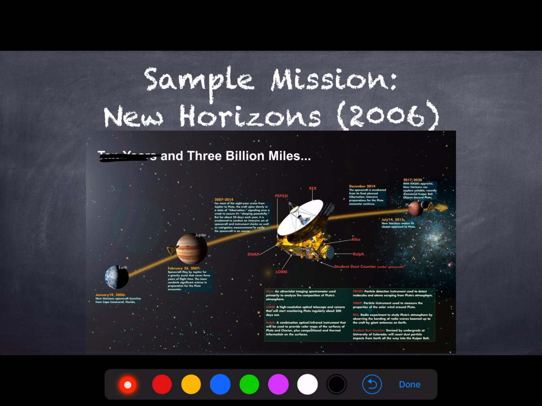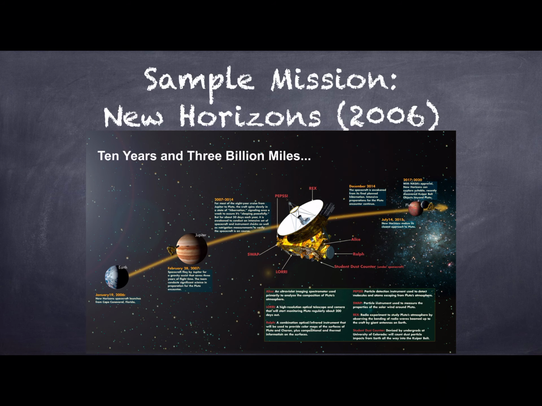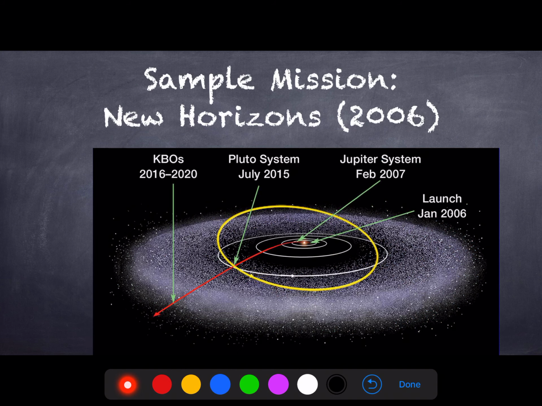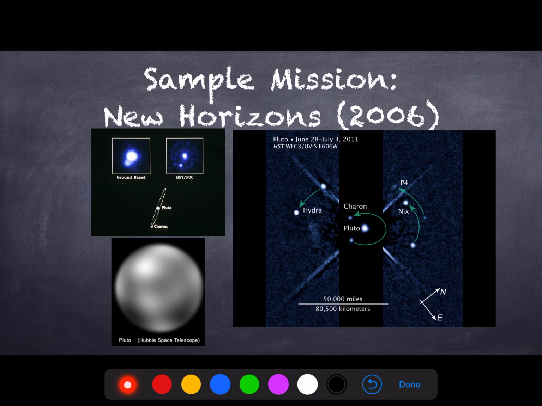It's gone beyond Jupiter, beyond Pluto and its moon Charon. It took a nice close up of that, which we'll talk about in a minute. And it is now somewhere out in the Kuiper Belt where all of those other Kuiper Belt objects are located. So you can see the timeline of where it was at what point in time.